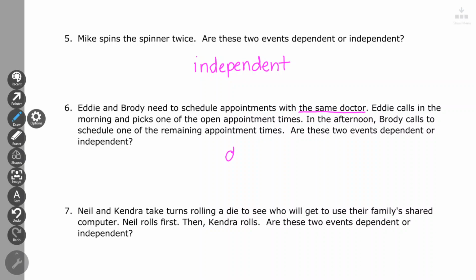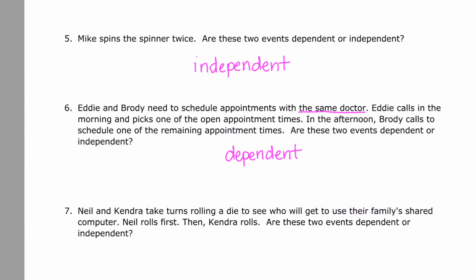These two events are dependent because Eddie, when he called, got an appointment that was open, and now Brody is only going to be able to do what's left. So Brody's appointment is dependent upon Eddie's appointment because Eddie could have picked a time slot that Brody wanted, and Brody wouldn't have the opportunity to pick that same time slot if someone earlier had chosen it. So that is why it's dependent.